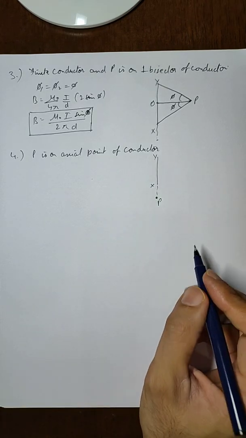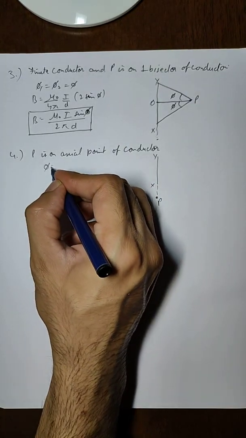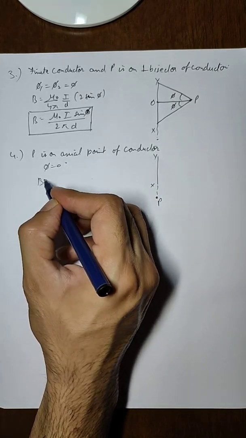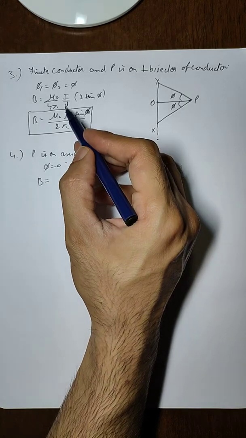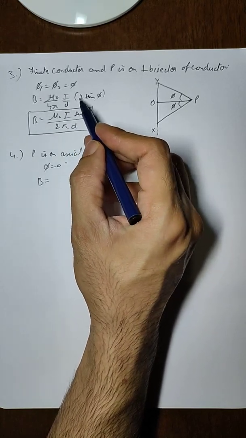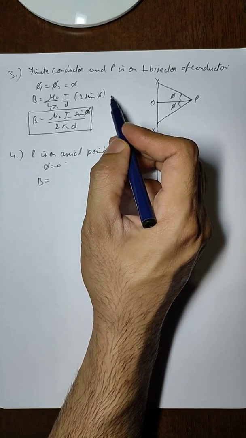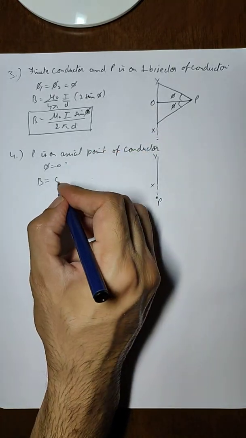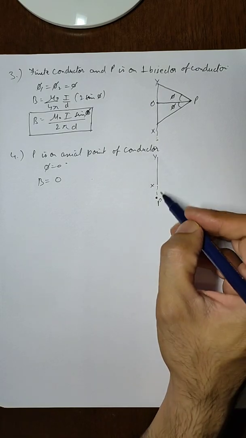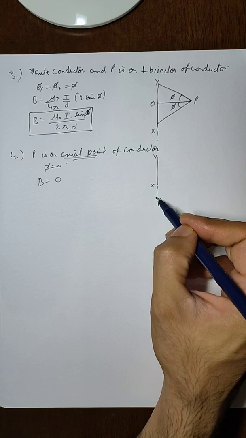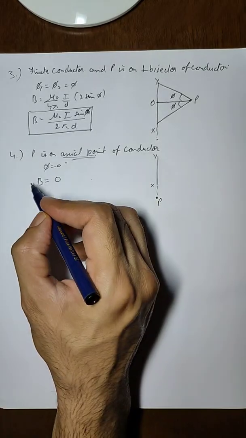So if point P is here, then phi becomes equal to 0 degrees. And since phi becomes equal to 0 degrees, B will become equal to mu naught upon 4 pi, I upon d. And in the bracket it was sine phi plus sine phi. So sine 0 degrees plus sine 0 degrees, so it will be 0. So magnetic field becomes 0. That means if point P is on the axial point, there will be no magnetic field at this point.